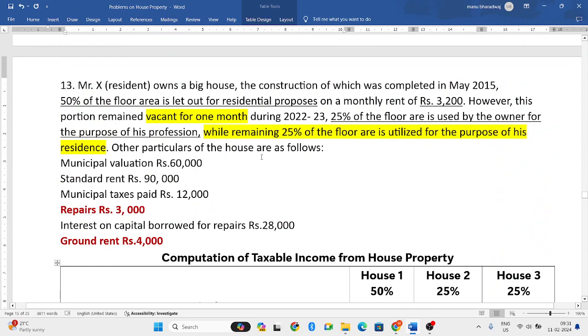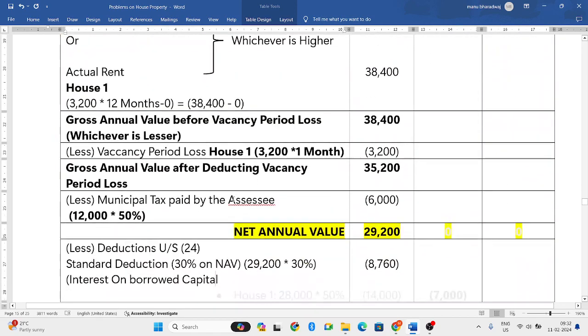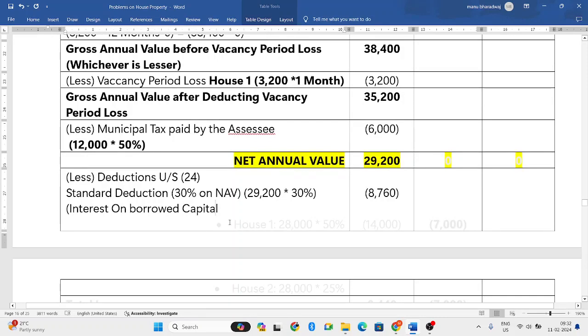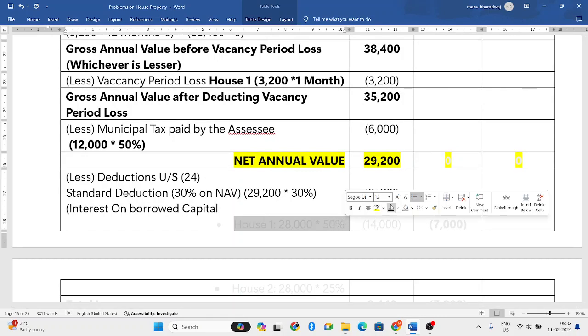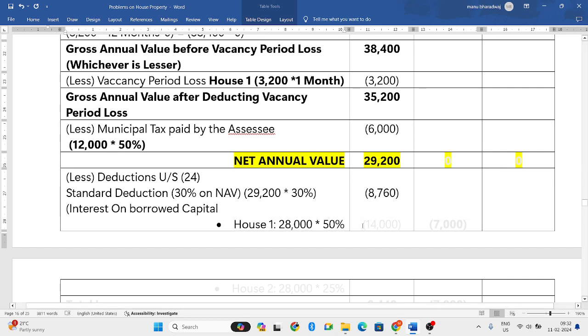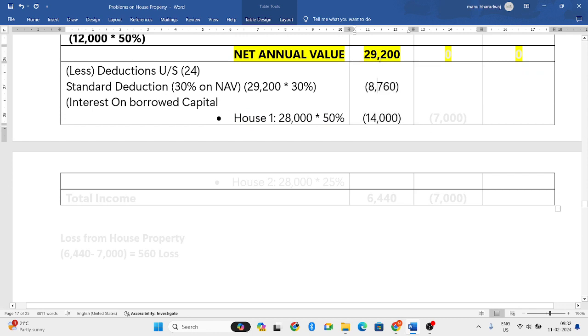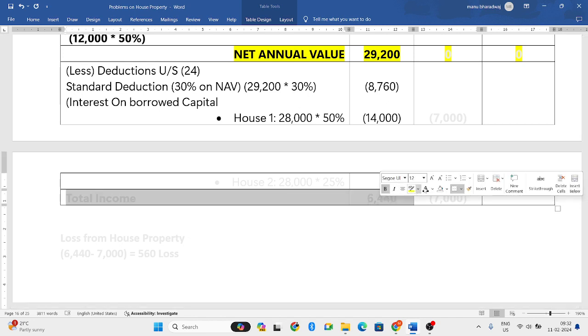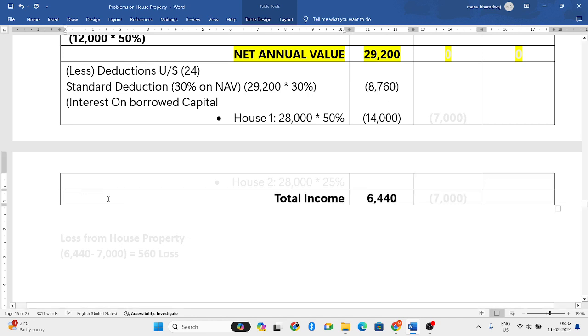In that we will give the deduction for 50% of the interest. So for house 1 it will be 28,000 into 50%, that is 14,000. So from 29,200 subtract 8,760 and 14,000, you will get 6,440. That is the income from house 1.